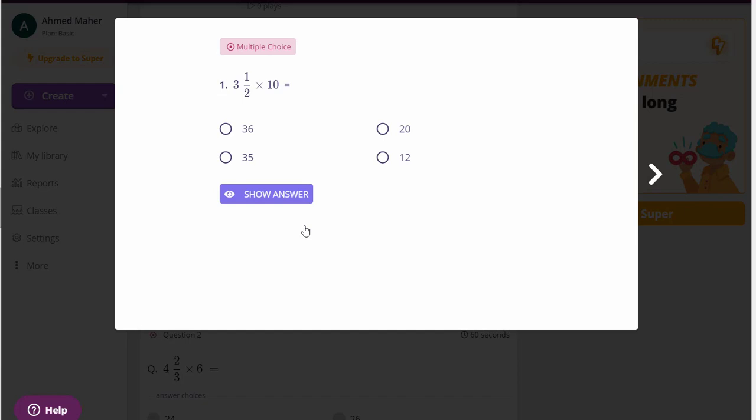3.5 multiplied by 10. Ahmed Fahad? Yes, Mr. Go ahead. 3 times 10 and then half times 10, right? Okay, 3 times 10 equals? 3 times 10 first.